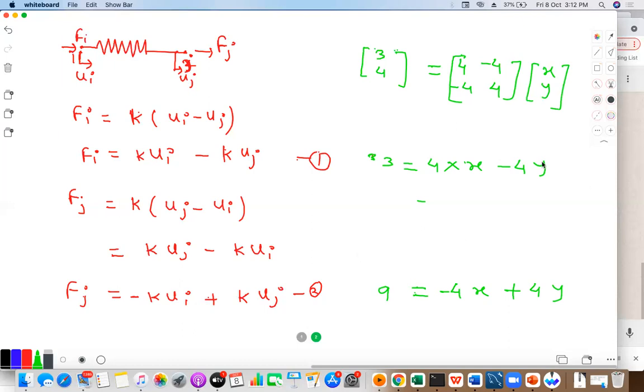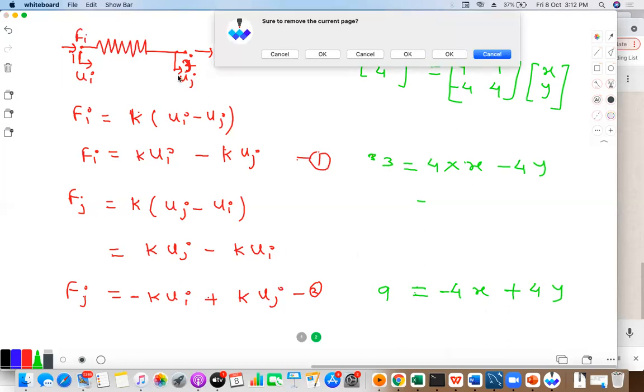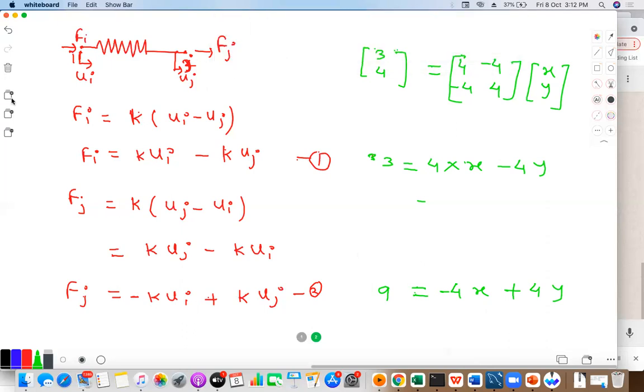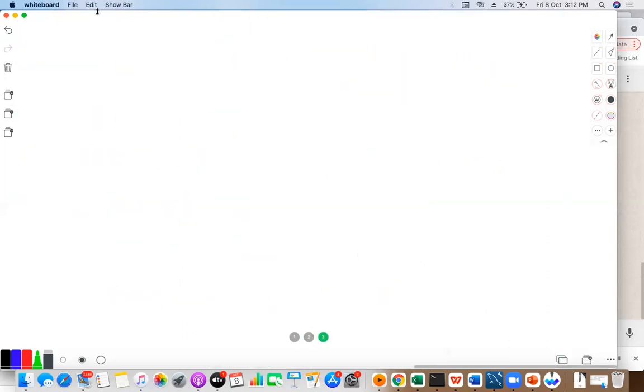This way, I can write these two equations like fi and fj is equal to the matrix k, minus k, minus k, k, into ui and uj.